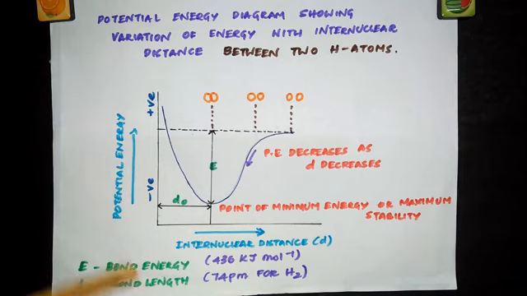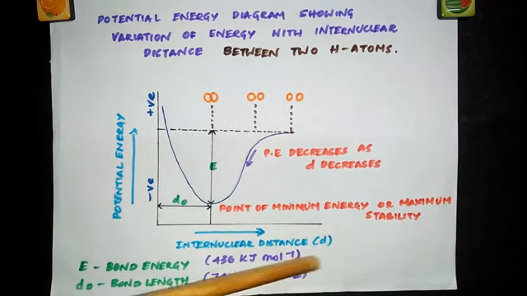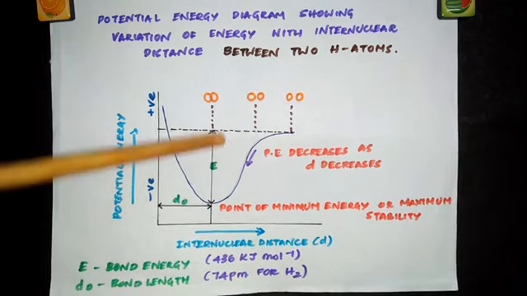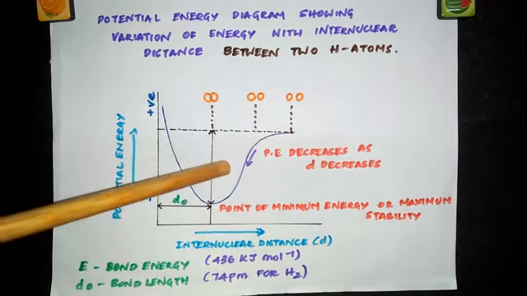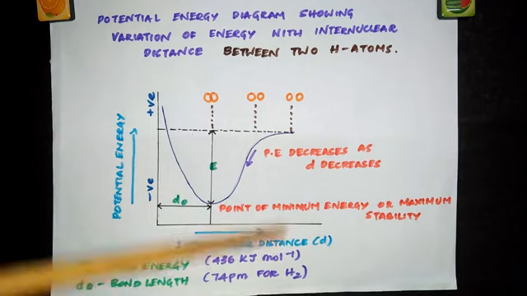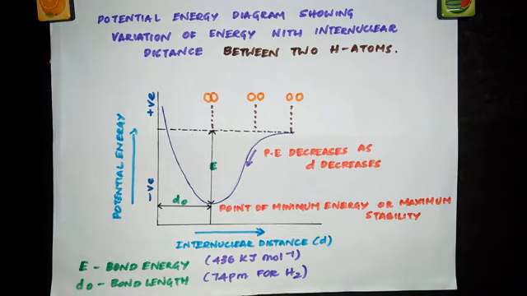So in the case of the hydrogen molecule, the bond energy is 436 kilojoule per mole. This is the amount of energy released when the H2 molecule is formed. And we represent bond energy in kilojoule per mole and bond length in picometer.